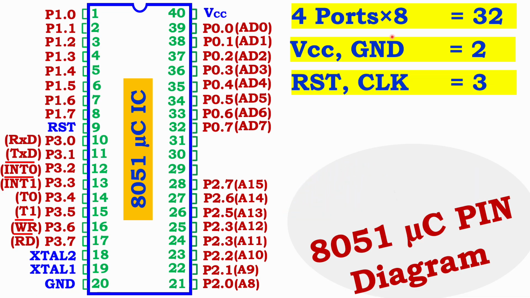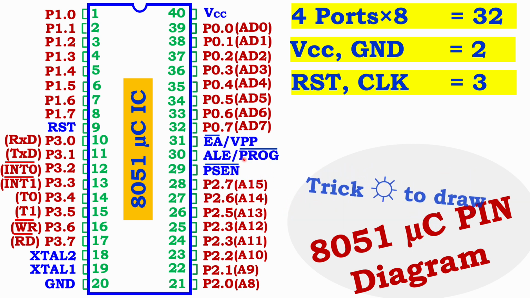Of the remaining 6, I already said that reset is 1 pin, and to operate the entire microcontroller, a clock frequency is required, that takes 2. How many pins now? 3 pins are done. So 34 plus 3, 37. Remaining how many pins? Remaining 3 pins. These 3 pins are used for memory purposes, our EPROM purpose.